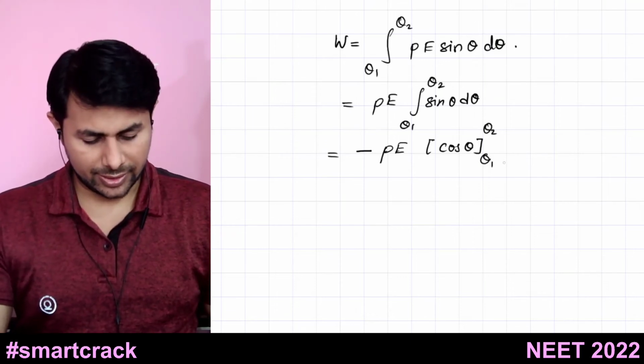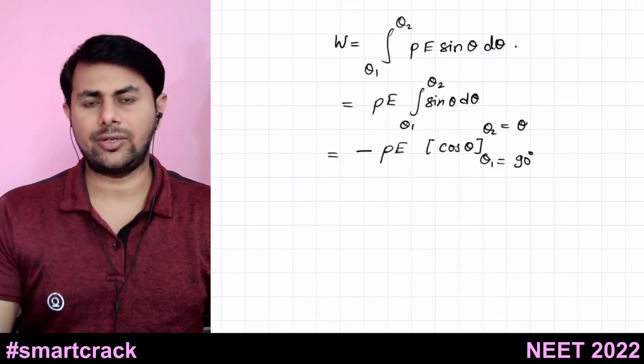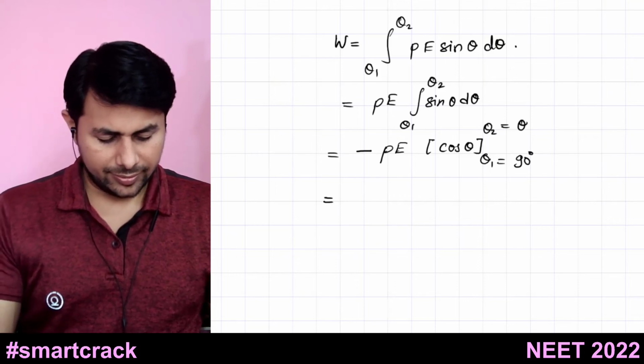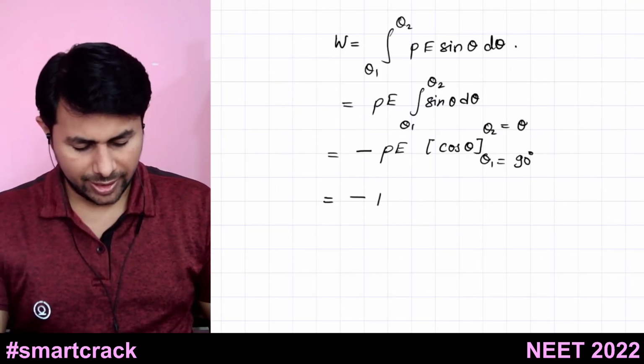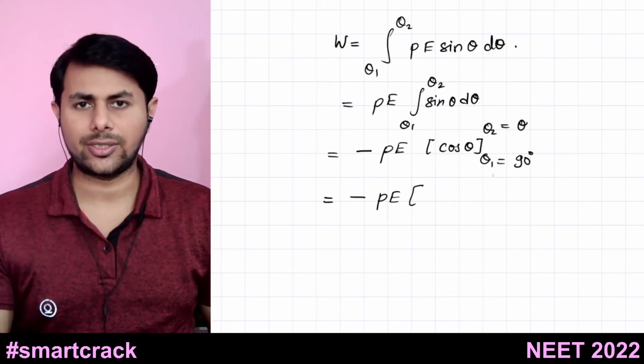Now what is theta 1 and theta 2? Theta 1 is 90 degrees and theta 2 is equal to theta. So let's substitute that. We get minus Pe into cos theta 2 minus cos theta 1.